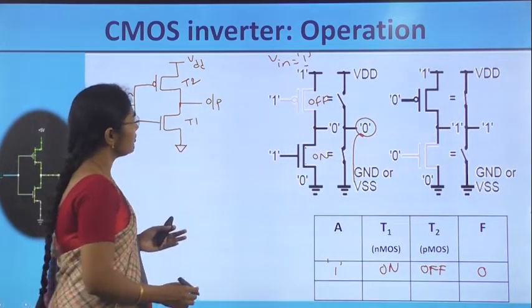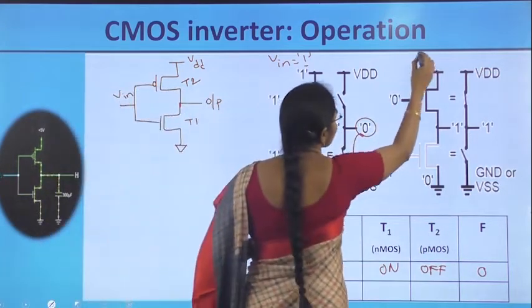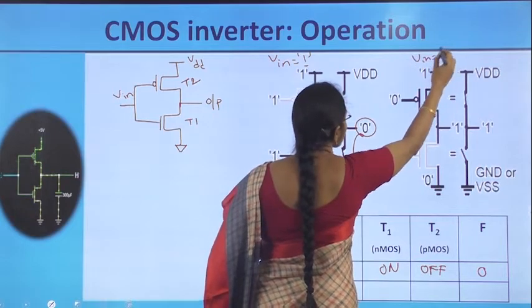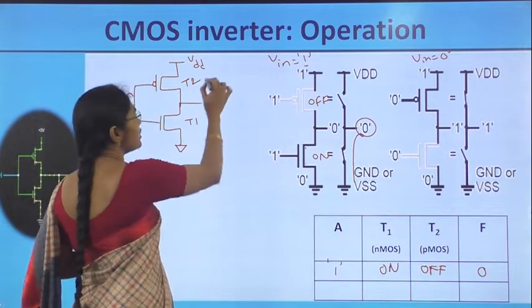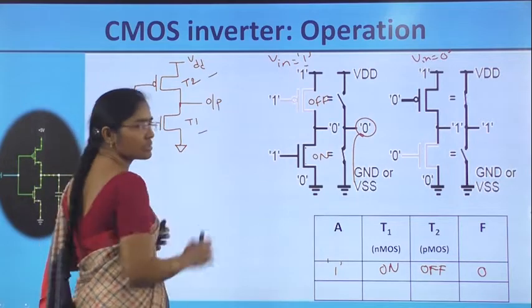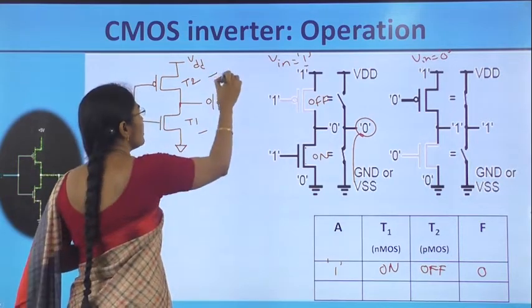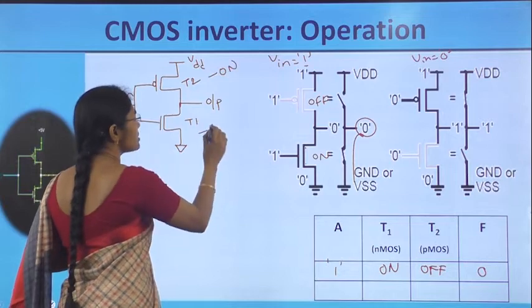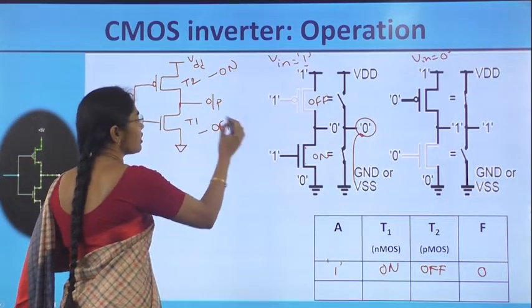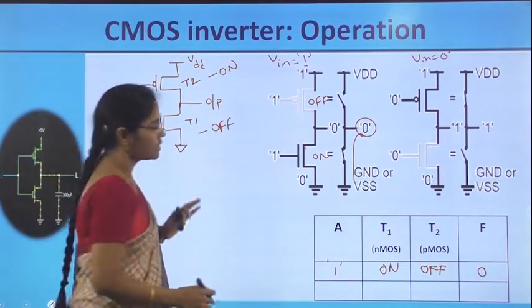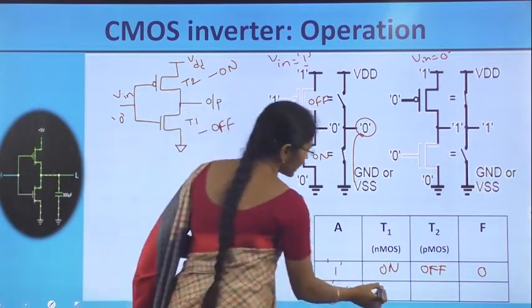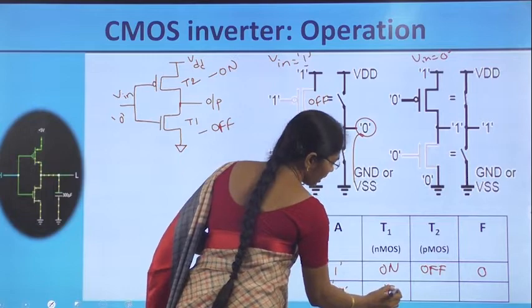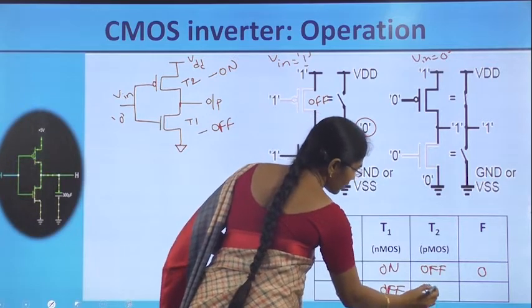Next, when Vin is equal to logic 0, that means if logic 0 is applied here, T2 is on and T1 is off. Since PMOS transistor is on for logic 0, NMOS transistor is off for logic 0. So, for logic 0 input, T1 transistor NMOS is off and T2 transistor PMOS is on.